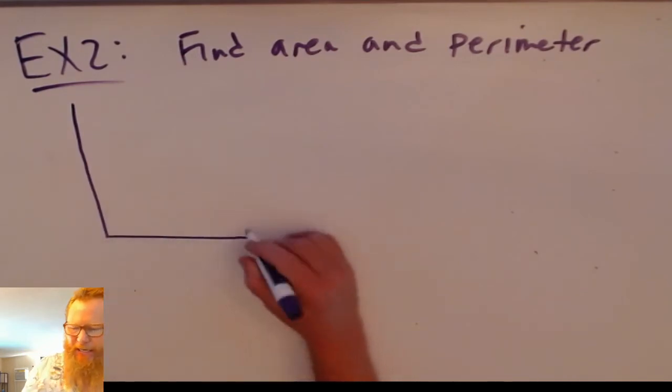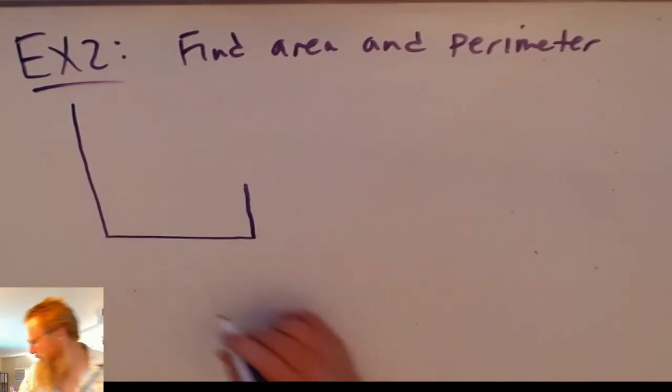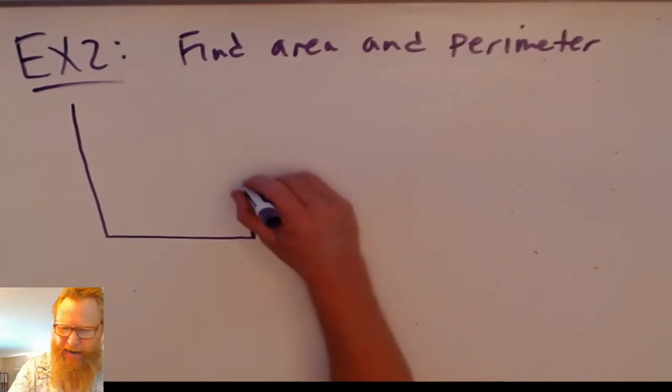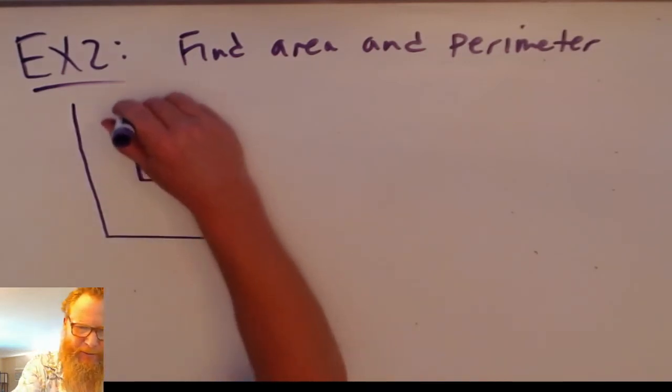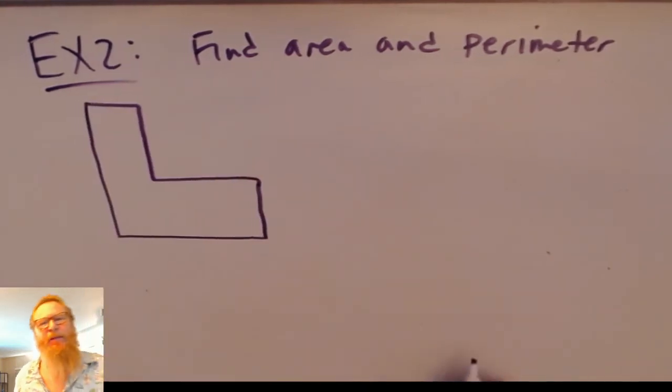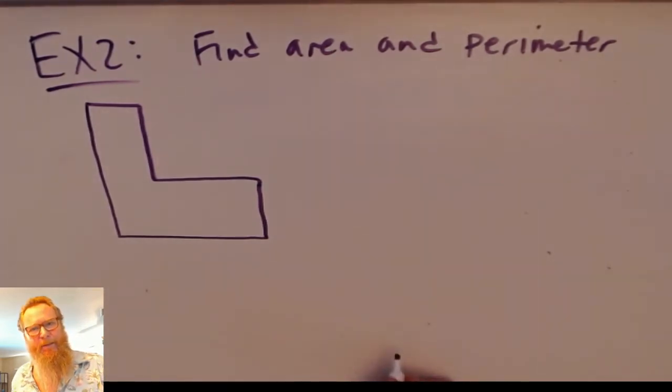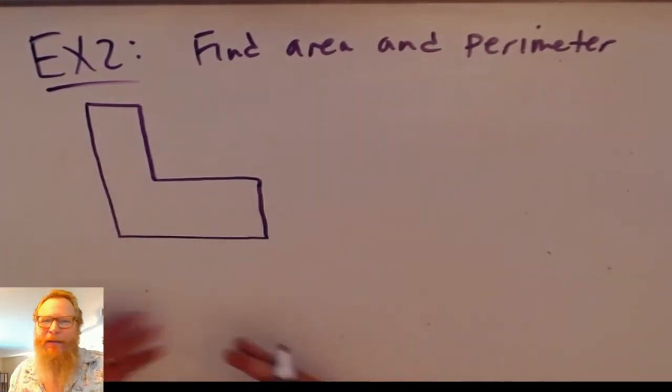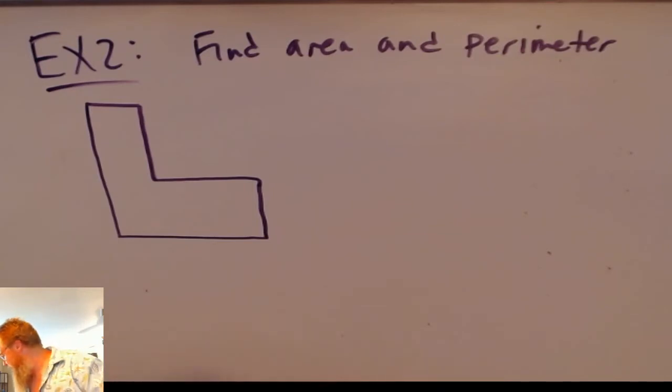Call this an irregular polyhedra, something like that. It doesn't always have to have this shape, but this is a very familiar shape that we've seen before.